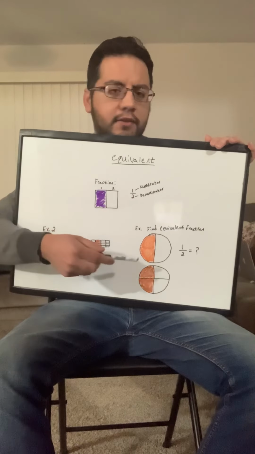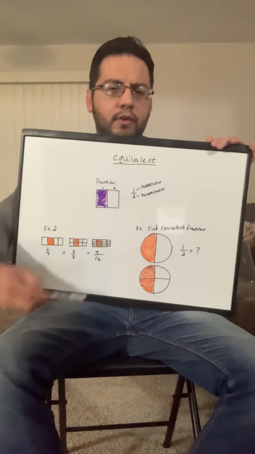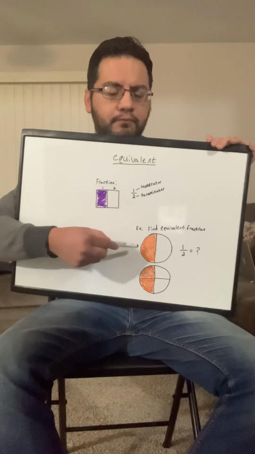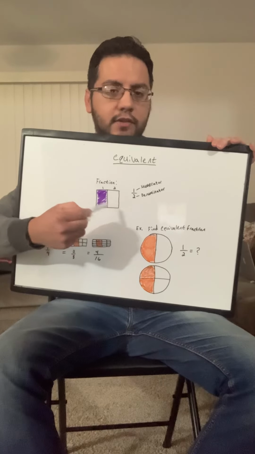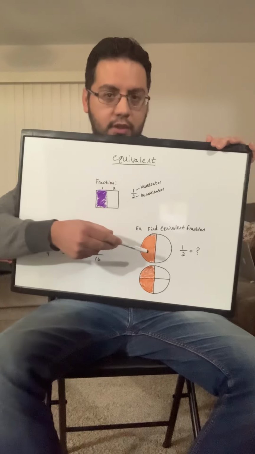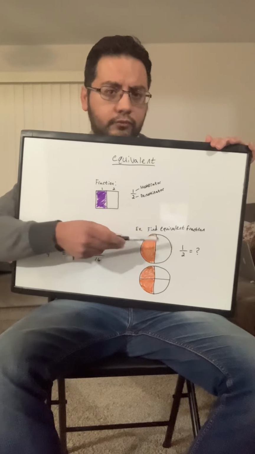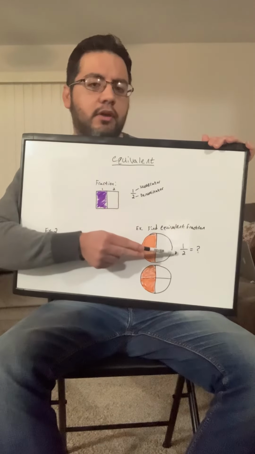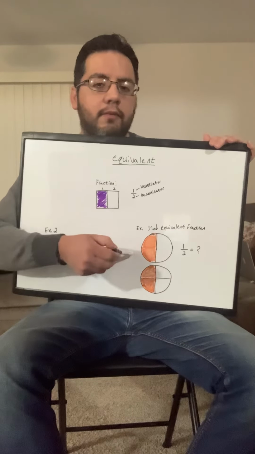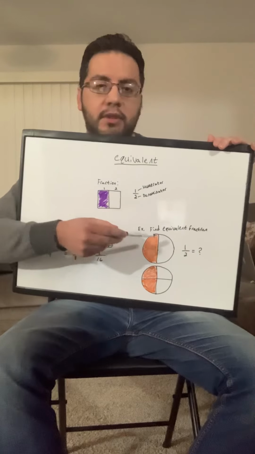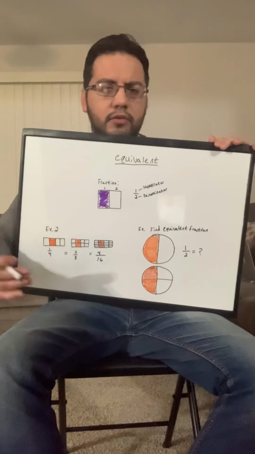Now let's take a look at some of these examples down here that I have. If you take a look at this first one here, this circle here is similar to this box where it's split in half. One side is shaded, the other is not. So you have that same 1/2 fraction that you do up here. This could be a pizza, a pie, or something.